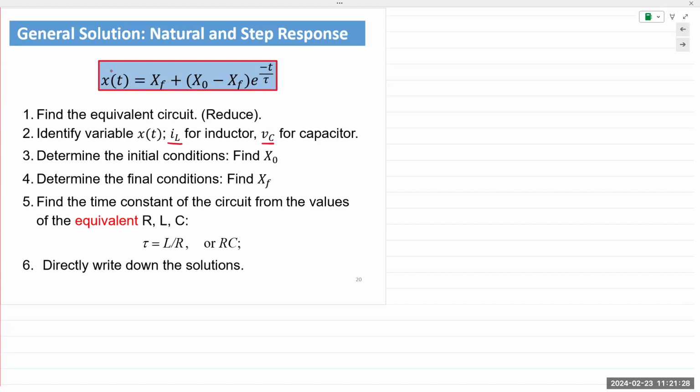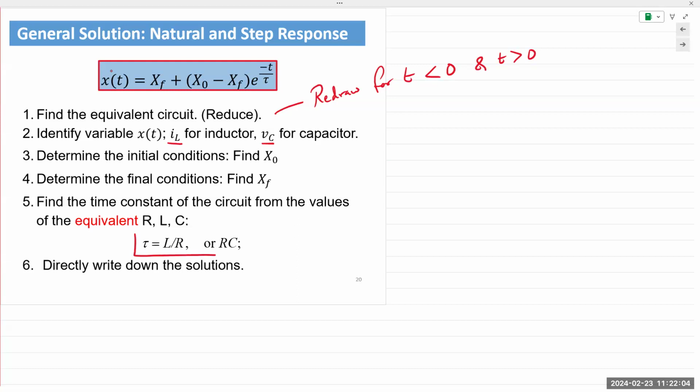We want to find the equivalent circuit, or we redraw the circuit for time t less than 0. And you will see that in the example. And then you redraw it again for time t greater than 0, because both circuits would be different. Then we simply find the initial values and the final values, x0 and xf, and that will be determined from the 2 circuit diagrams.